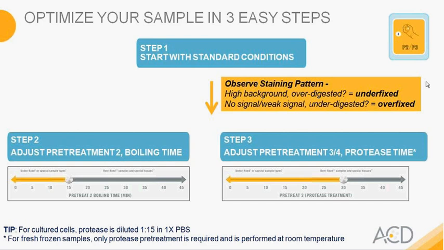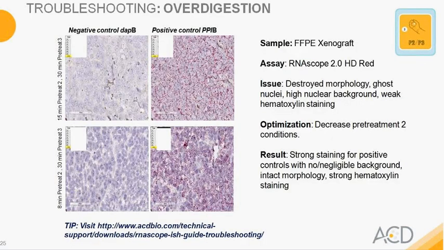You should also note that for pretreatment 3, rather than using the hybridization oven, you would be required to perform your pretreatment at room temperature. If you were to perform pretreatment 3 using the oven, you probably would observe overdigestion. So we recommend that you pay attention to the temperature requirement for fresh frozen samples.